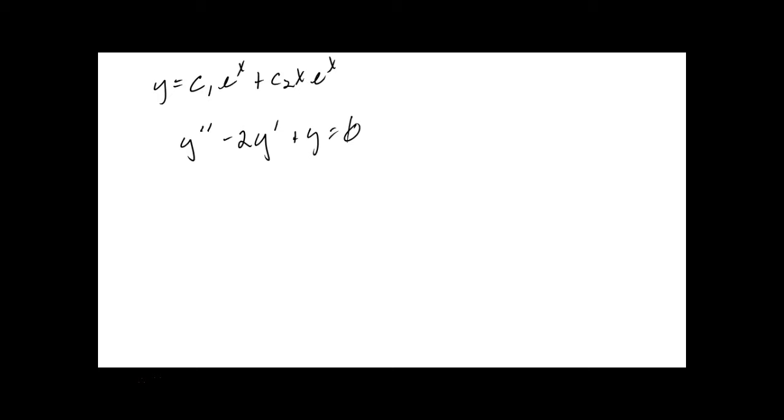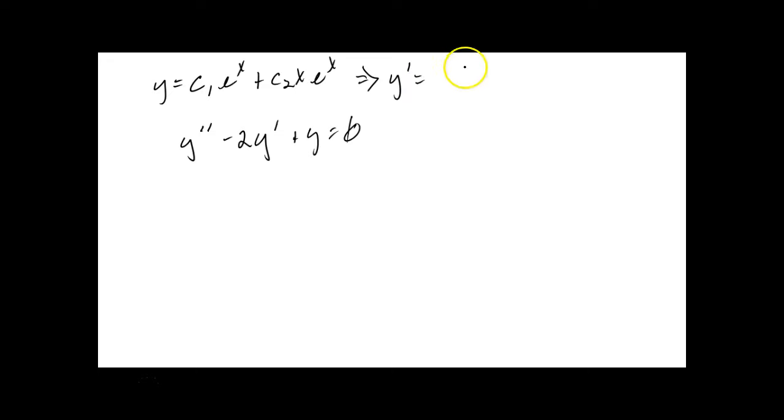Now, it claims that. Do you believe them? You probably do, but don't be gullible. Let's verify. What would you have to do? Take a derivative. Y prime would be what?